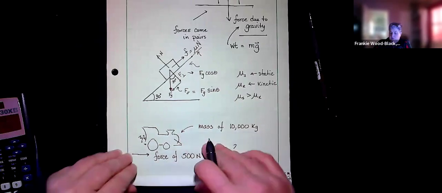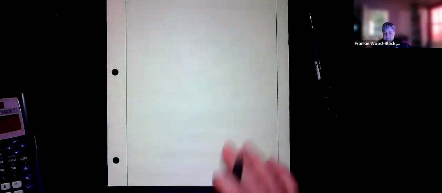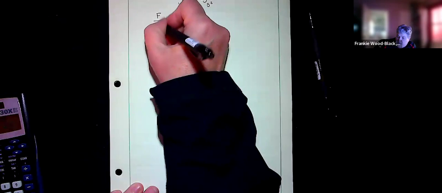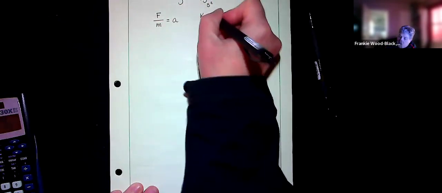Now, just for grins and giggles, force or weight is going to be mass times gravity, which is kilograms meters per second squared. If I take force divided by mass, it's going to give me acceleration: kilograms meters per second squared divided by kilograms, and I end up in meters per second squared.